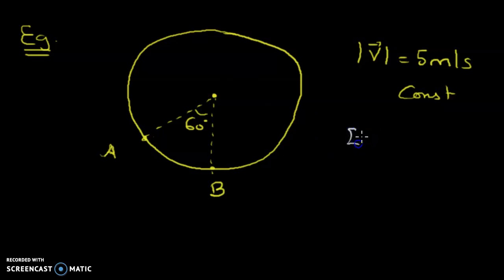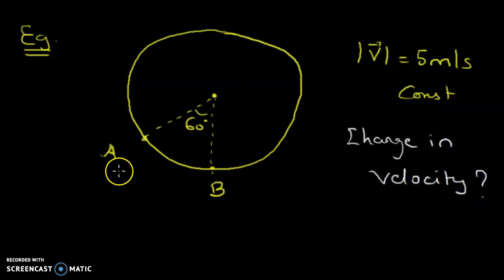The angle is given as 60 degree, that is, the angle AOB is 60 degree. At this moment the direction of velocity is this, and at that moment it is this. Take this as v2, take this one as v1.